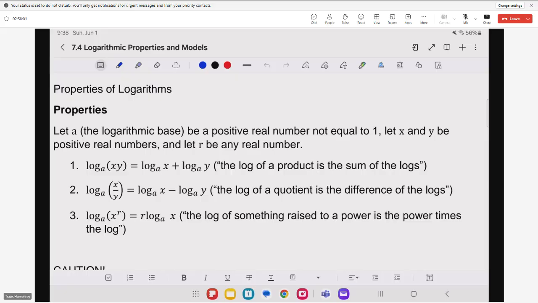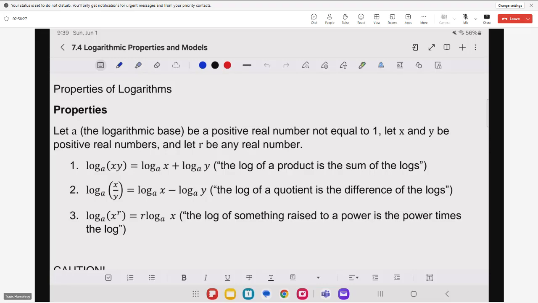Property 2. Log base a of x divided by y equals log base a of x minus log base a of y. The log of the quotient is the difference of the logs. Property 3. Log base a of x to the r equals r times log base a of x.